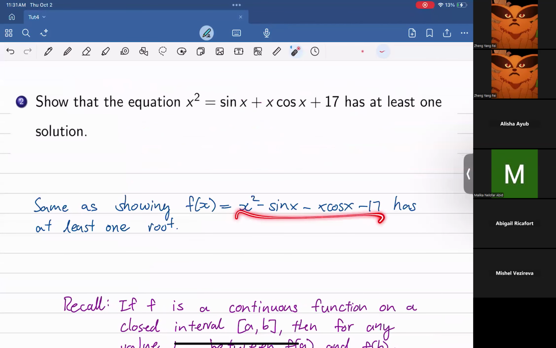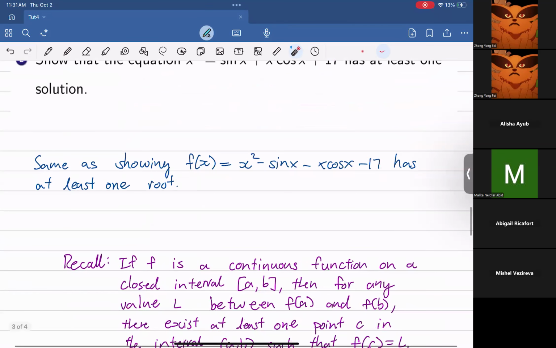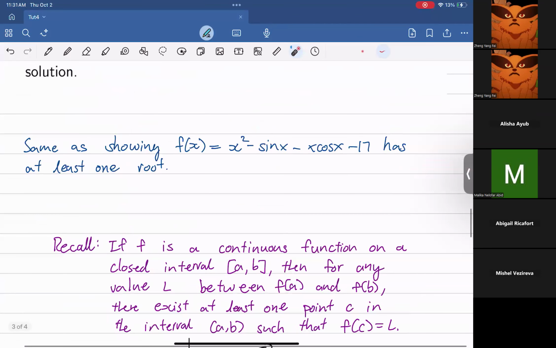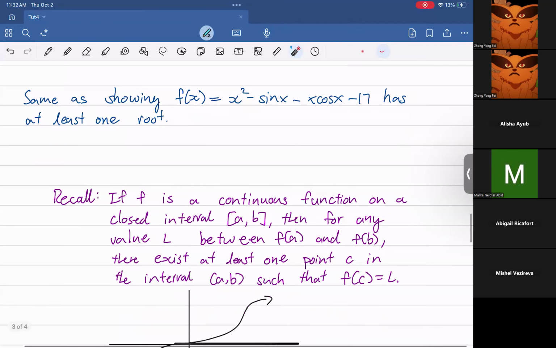In our case, all these are continuous from negative infinity to infinity, so no matter which real numbers you substitute into a and b, it's going to be continuous. So this holds.